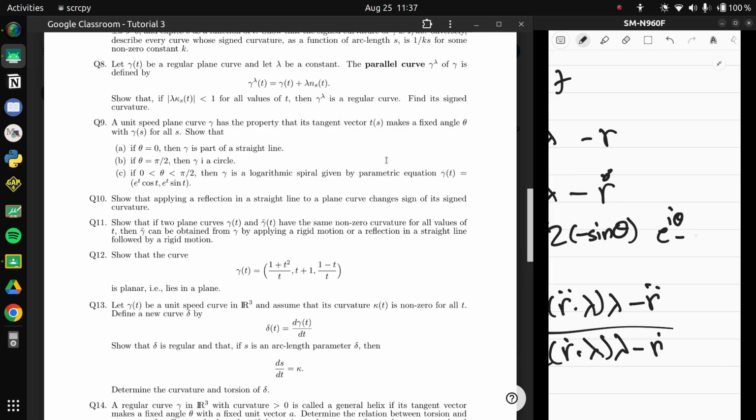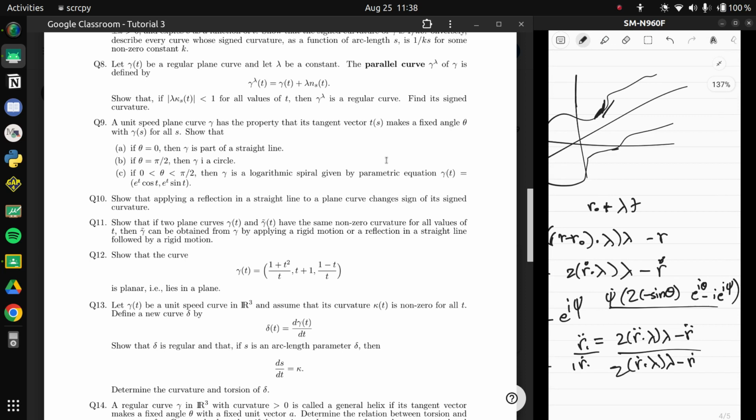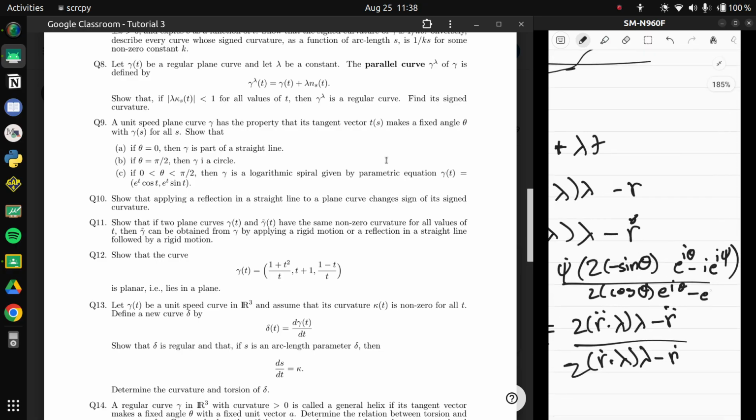So just iota e power i psi. Sure, that's okay. And this stuff upon this new thing. So that's precisely just 2 times cosine theta. And lambda is just like e power i theta minus power. So iota. Iota is not there actually. So just it's e power i psi.